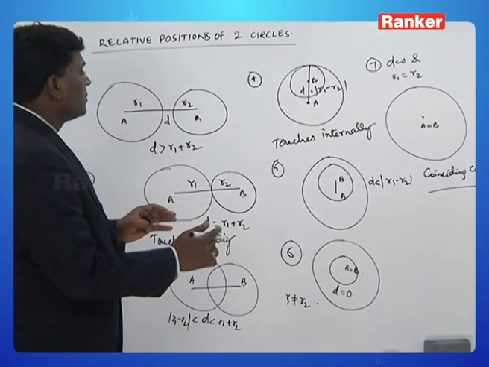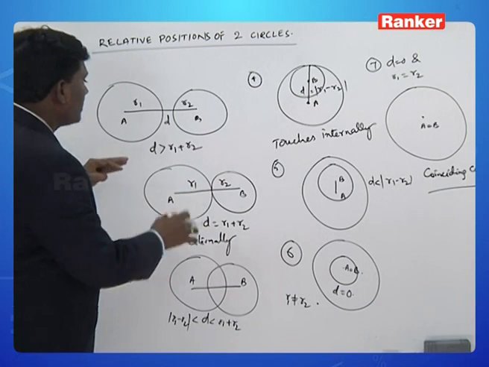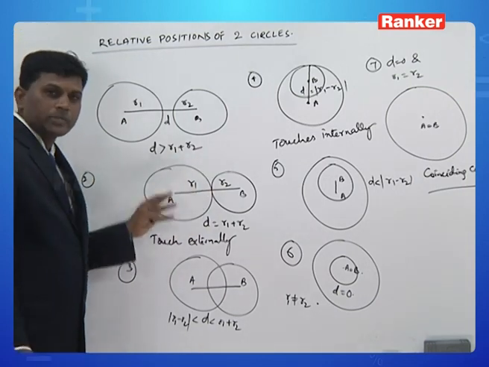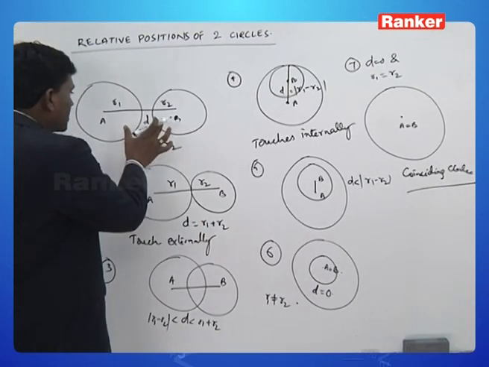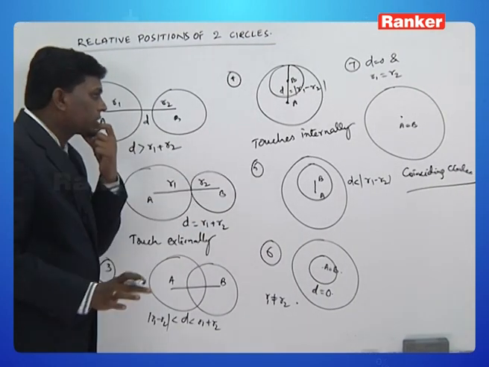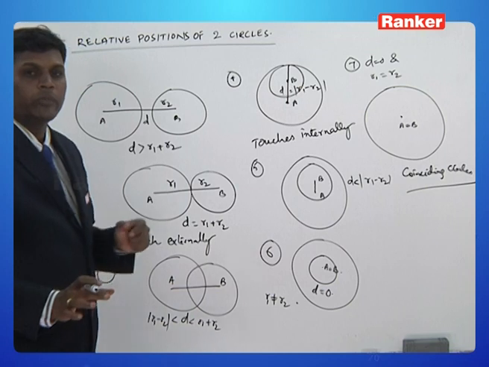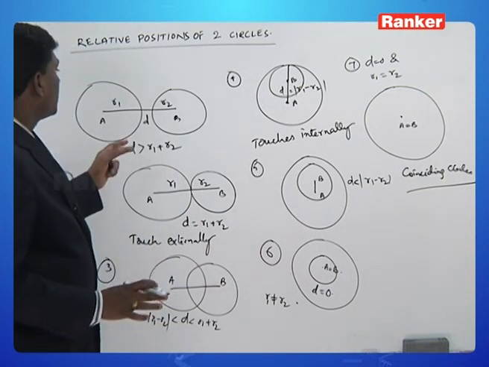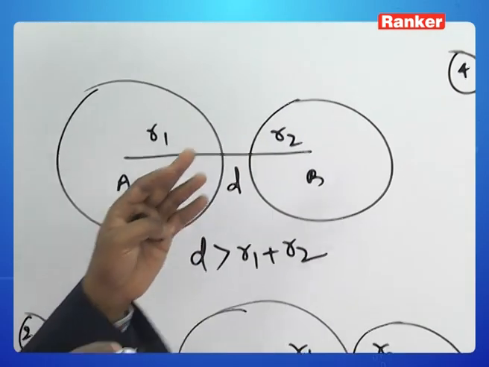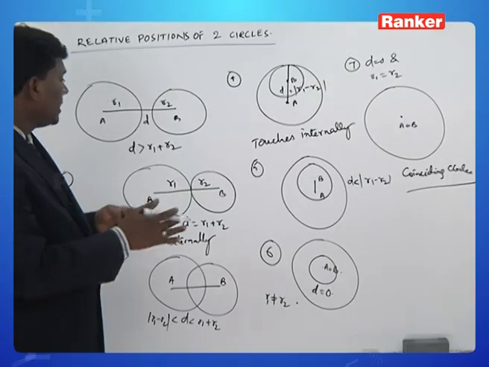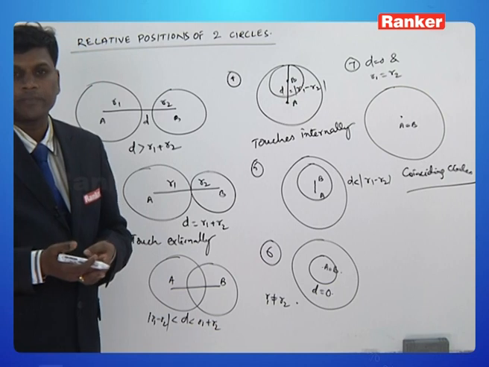If one understands clearly how to find the relative positions of given two circles, now in these 7 relative cases, we can check one more important fact also, that is about common tangents. How many common tangents we can draw in each case also we can see.